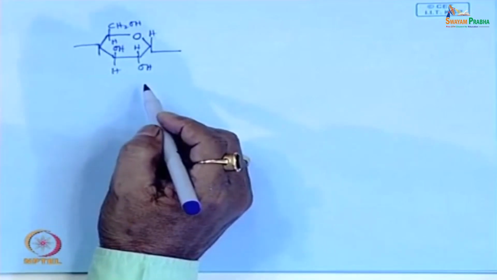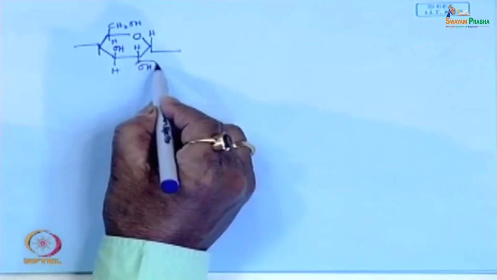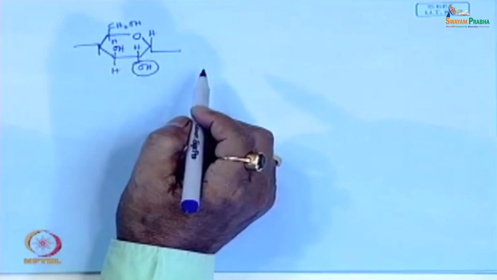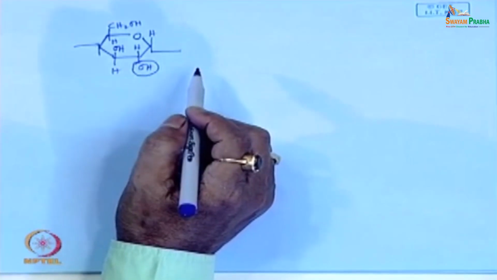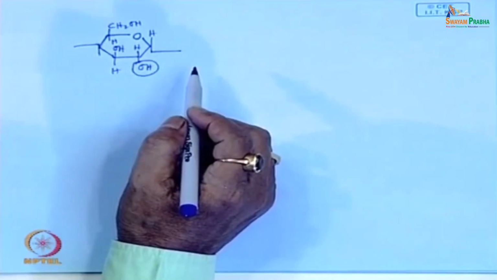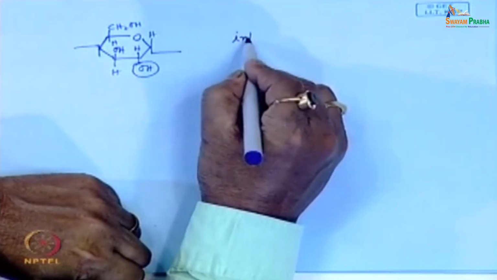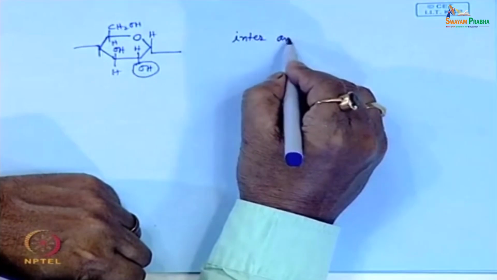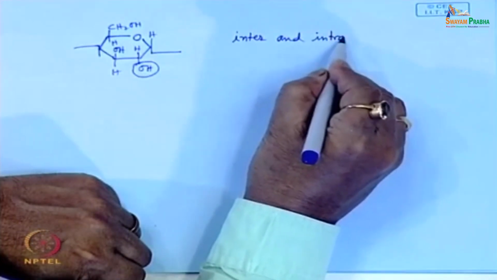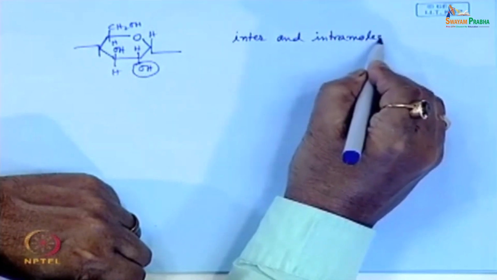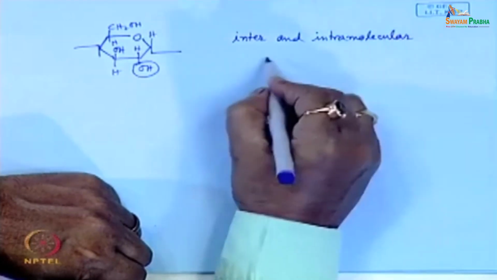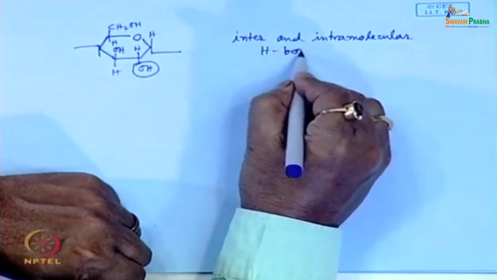Now, these hydroxyl groups enter into extensive hydrogen bonding, inter as well as intramolecular hydrogen bonding. What happens then?